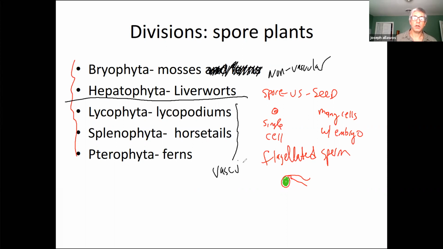What are we saying? Well, we're talking about vascular tissue, right? So the mosses and liverworts are non-vascular, meaning they don't have xylem and phloem. What this limits about them is their size. What's the tallest moss you ever saw? You know, it's about yay big, right?